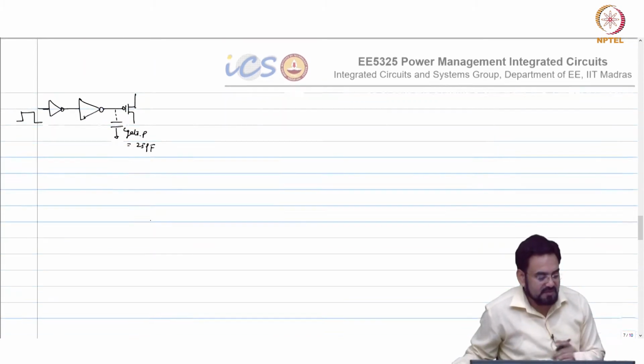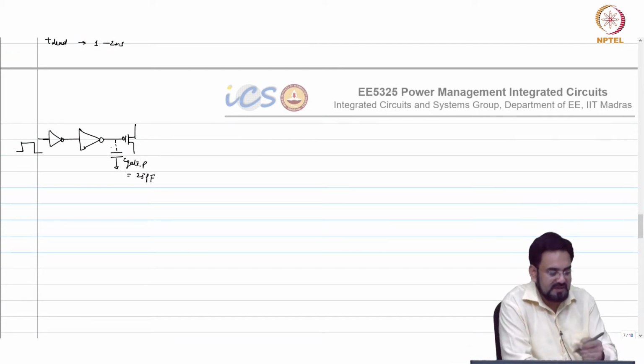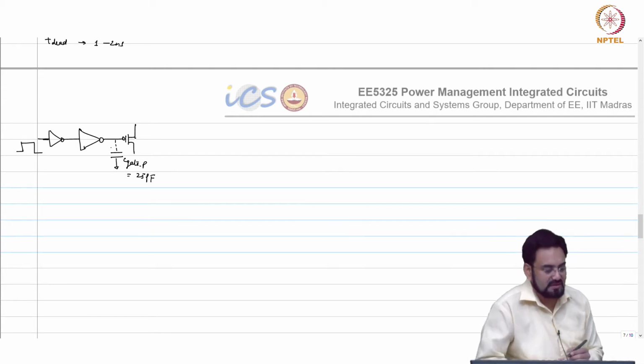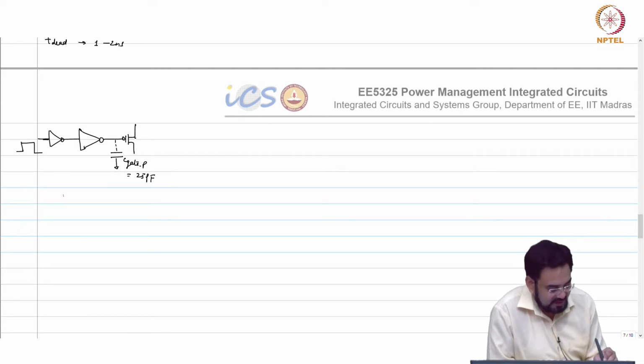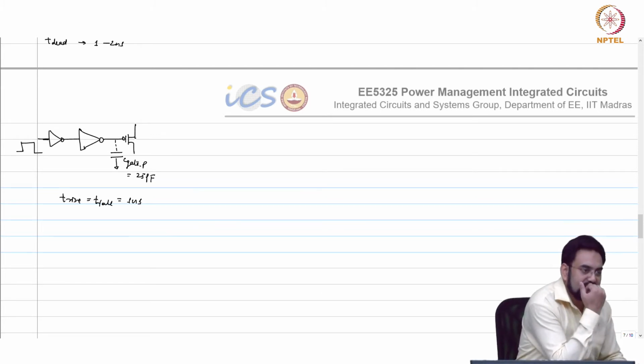In order to drive 25 picofarad, it will have some RC time constant. When this inverter turns on, let's say I am looking for 1 nanosecond. So if T rise and T fall equal 1 nanosecond, what kind of RC time constant do we require?